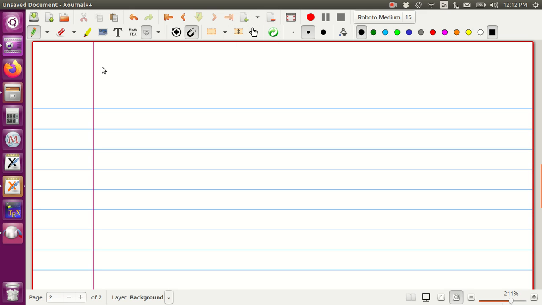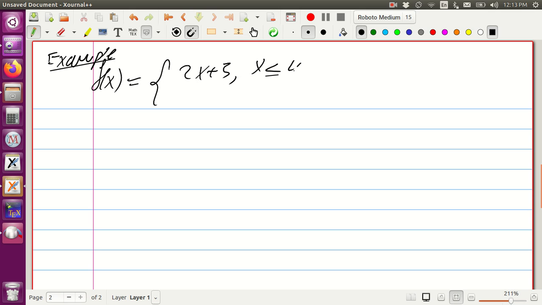So in our next example, let's try to see whether the function f of x, which is equal to 2x plus 3 when x is less or equal than 4, and 7 plus 16 over x when x is greater than 4.